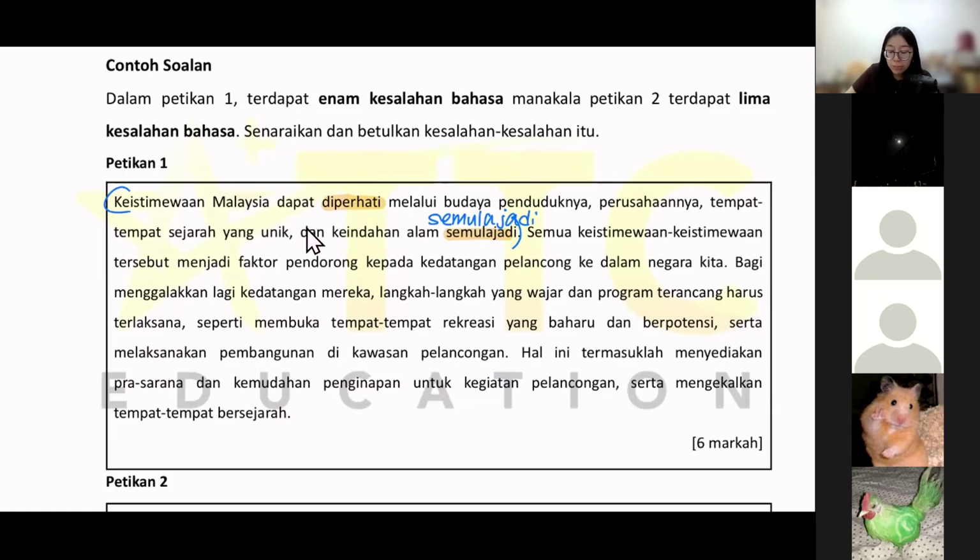I just become diperhatikan, because I don't have memperhati. When we change it to kata kerja active, it becomes memperhatikan. So when you change back to passive, it's also the same thing, diperhatikan.